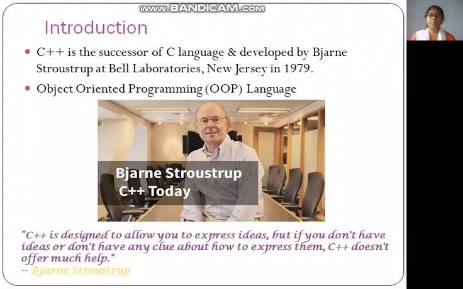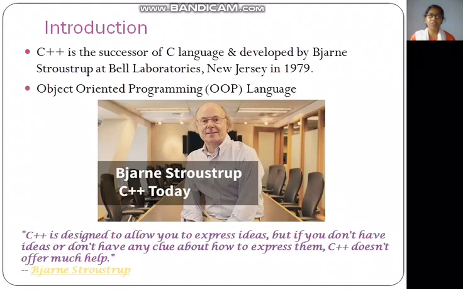In his words, C++ is designed to allow you to express ideas. But if you don't have ideas or any clue about how to express them, then C++ does not offer much help. So this is a programming language where we can express our ideas. If you have ideas, you can express them through C++.